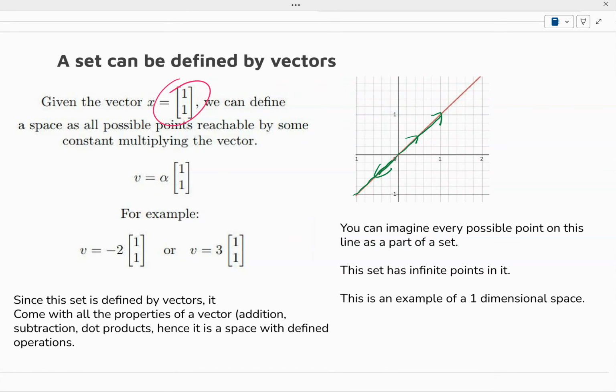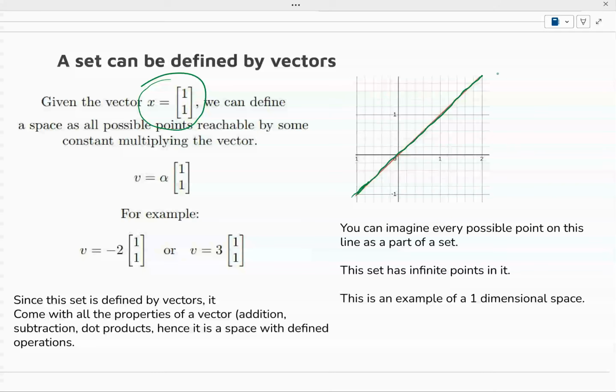Then the space defined by this vector is all the possible points you can reach by stretching this particular vector. So you can imagine this vector is 1, 1. Therefore, for the point 2, 2, you will need to stretch it. That's what it means that a vector can define a space. You have a vector and all the possible points reachable by this vector by scaling is a space.